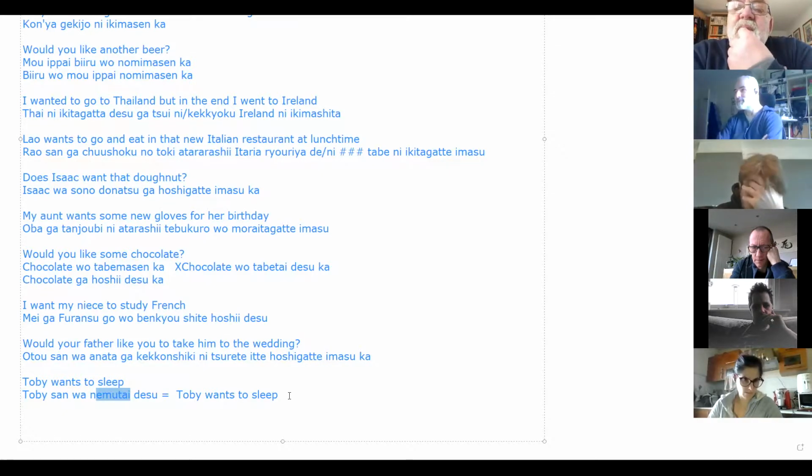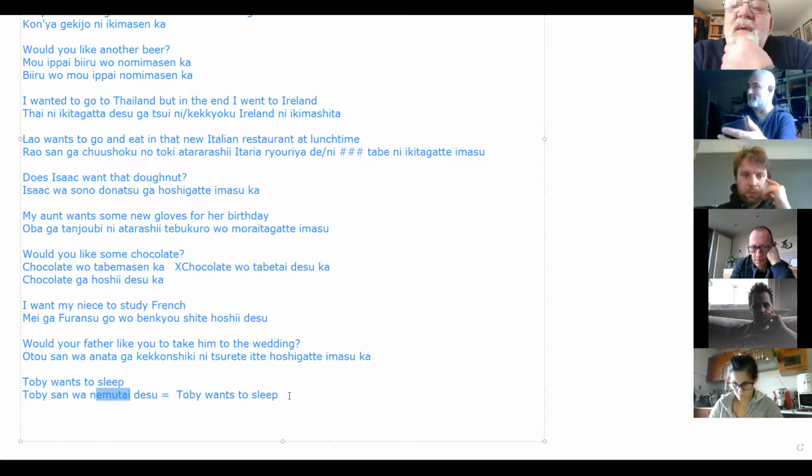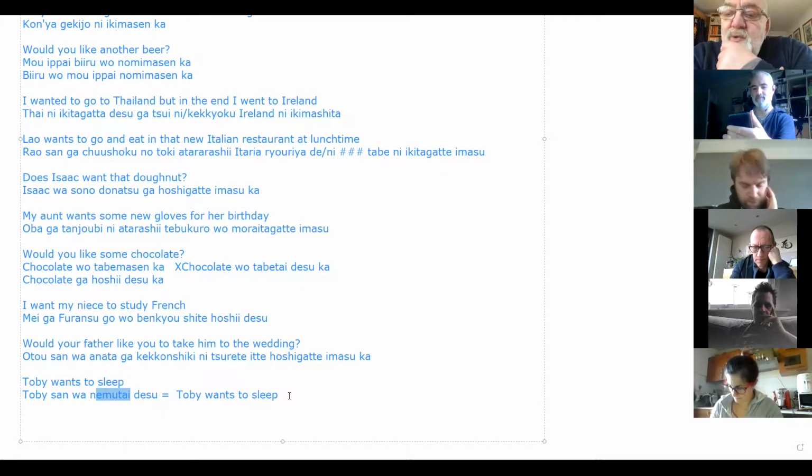But so nemutai, where does this come from? Well, it can't come from the tai form of the verb because there isn't a verb which is nemu mas. There's no nemu mas, is there? No, nemurimasu. Yeah, exactly. Nemuritai. Nemutai is an e adjective. So it should be nemuritai.